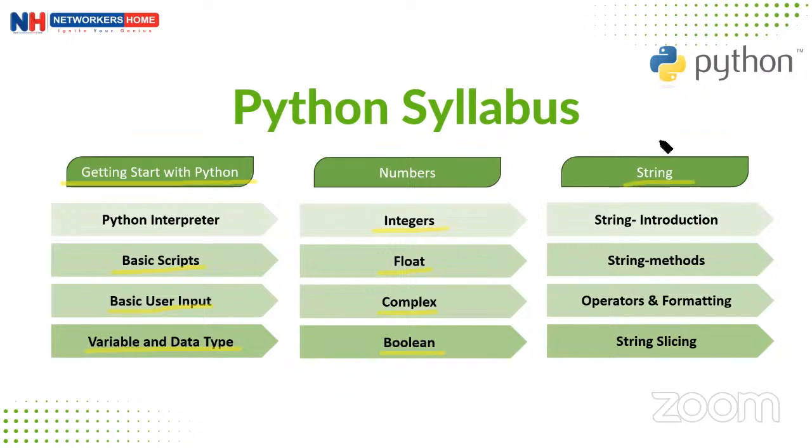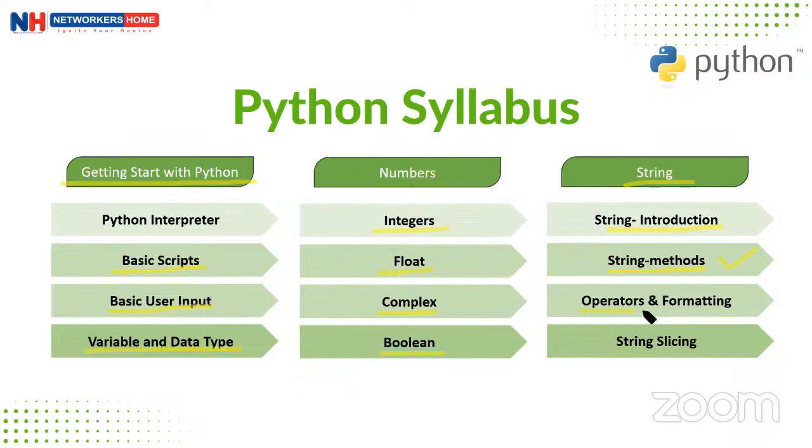Then we'll go and understand strings. Alphabets, a group of characters, form words and a group of words forms sentences. So we need to understand how Python deals with strings. We'll have an introduction to strings and the methods of strings to operate over them. Means when you accept a value and want to strip it or slice it to collect only specific information from the list, you need to understand a few methods for that.